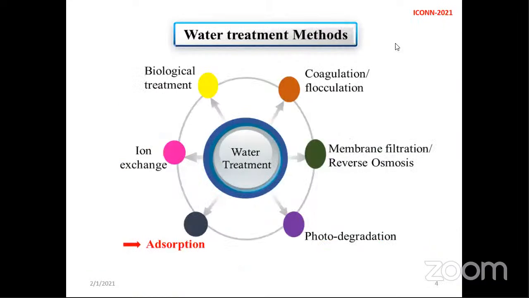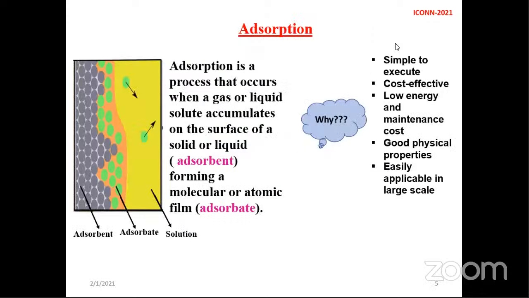Adsorption relates to wastewater treatment. Other than adsorption, there are many other water treatment methods, including ion exchange, biological treatment, coagulation, reverse osmosis, photodegradation, and finally adsorption, which we have focused on. Adsorption is a process that occurs when a solid or liquid solute accumulates on the surface of a solid or a liquid, which we call the adsorbent, forming a molecular or atomic film.